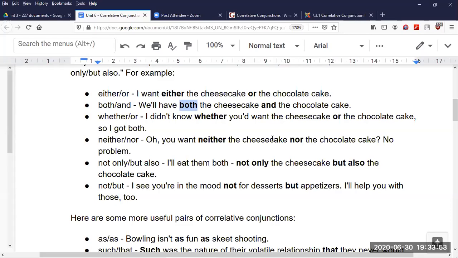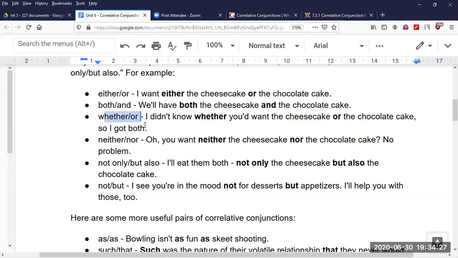This is also going to be used with adjectives, people. So in that case, it's a bit like not only but also, but it's a little less complex.